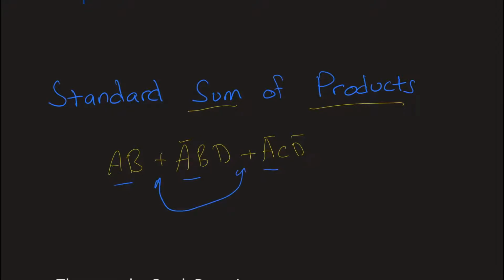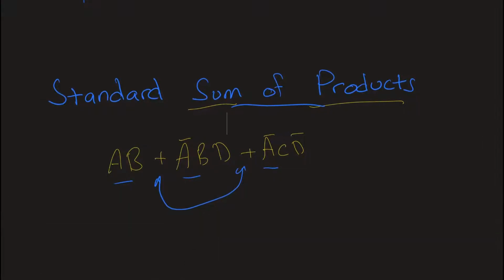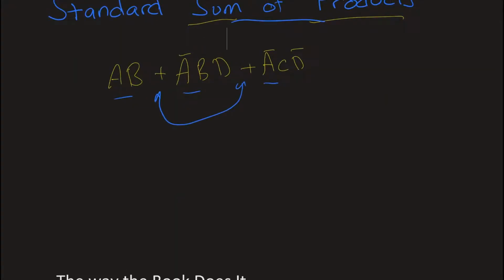Now the good thing about this is it's really easy to get there. To turn any equation into a sum of products, all you have to do is distribute everything. Basically just multiply everything out. Let me give you an example. Let's say we had an equation like this. A, B or C, or AC.